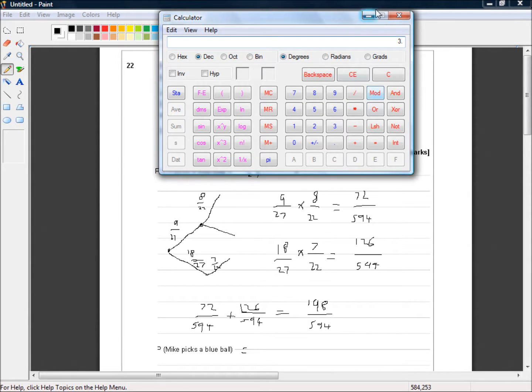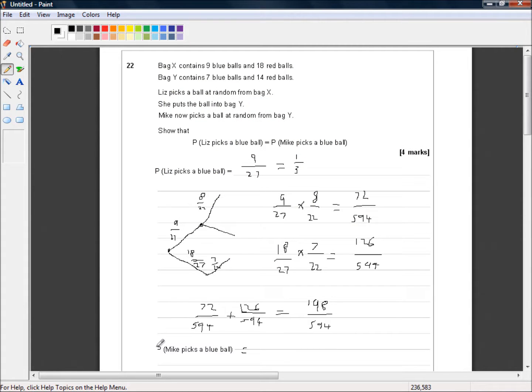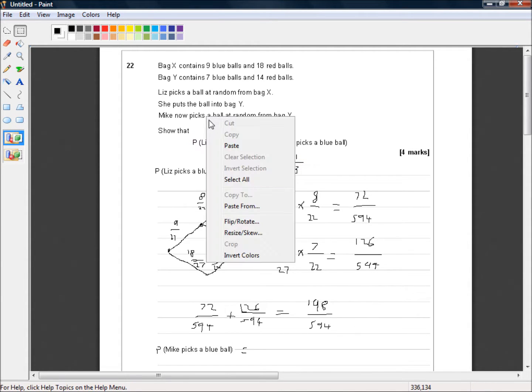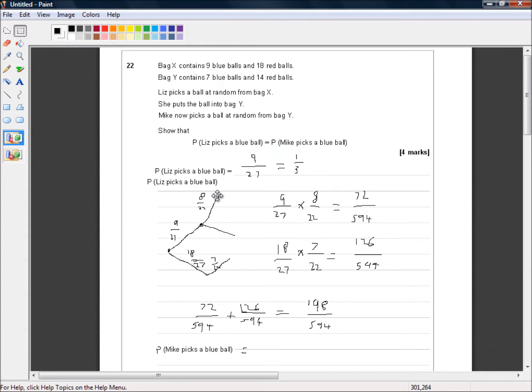So the probability Mike picks a blue ball is equal to the probability that Liz picks a blue ball, which is equal to 1 in 3.